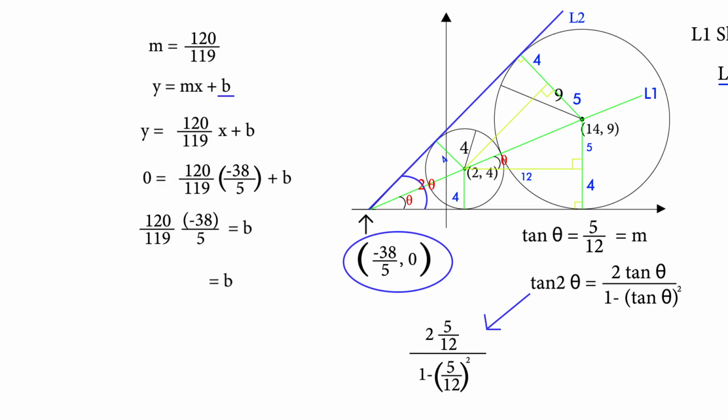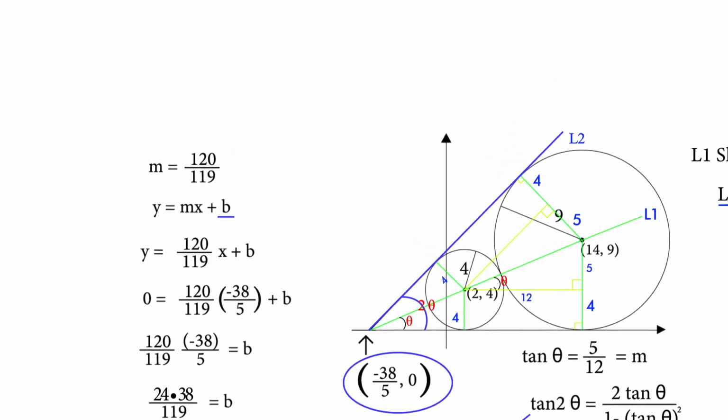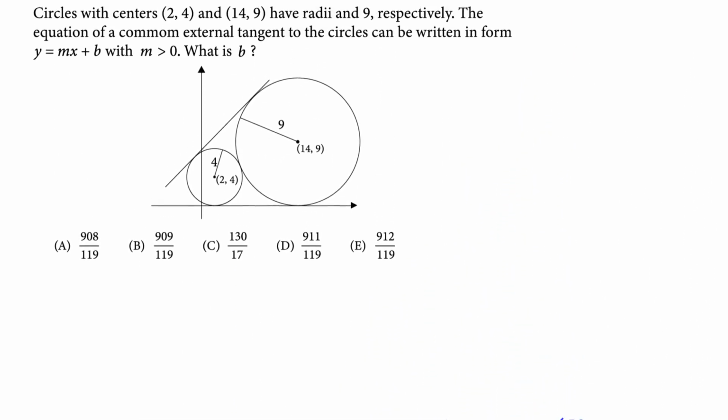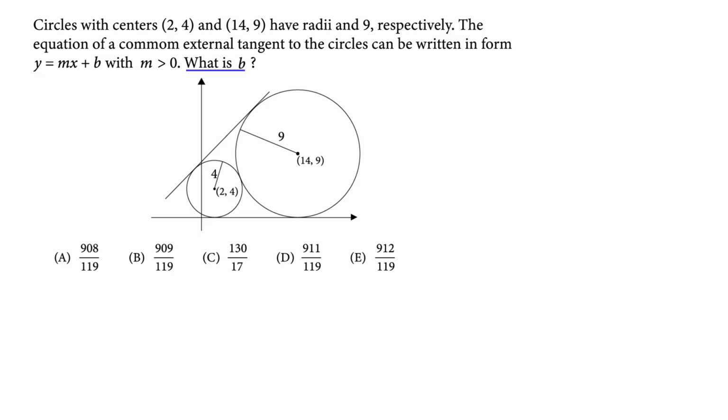Now I've got to do a little bit of reducing to lowest terms. This looks like 24 times 38 over 119. And if you multiply that out, you get 912 over 119. So that is the value for b, and that is what they're looking for in this question. What is b? And therefore the answer for number 19 is E.